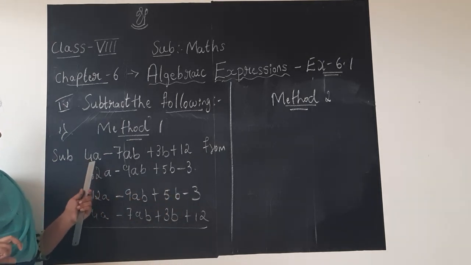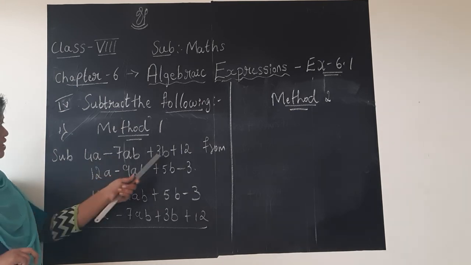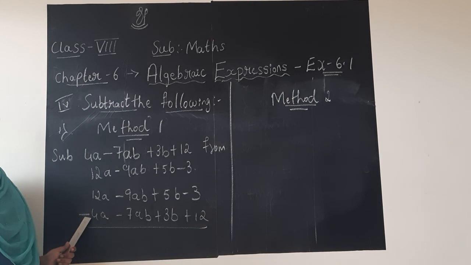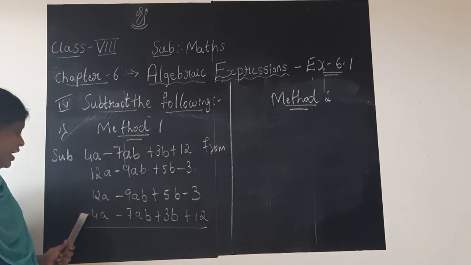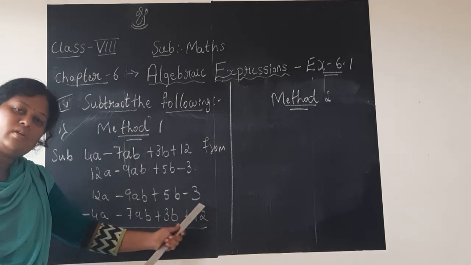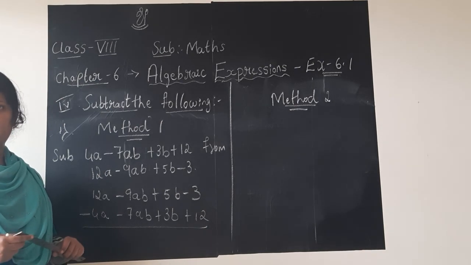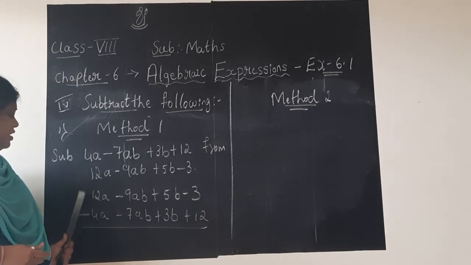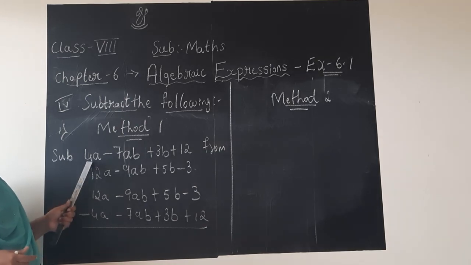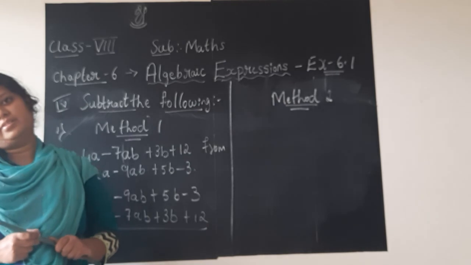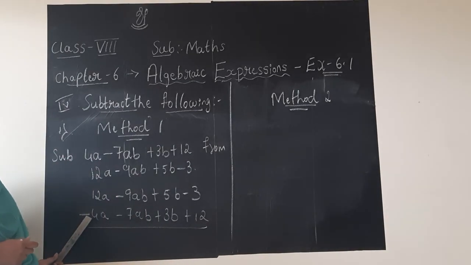Here, since we are subtracting the first expression from the second, we wrote minus sign here. The question is, did we apply this minus sign to the whole expression, all the terms? No, we did not. It is wrong, no? If you are applying minus sign to one number, it should be multiplied with the sign of all the numbers. So here, plus 4a was there.